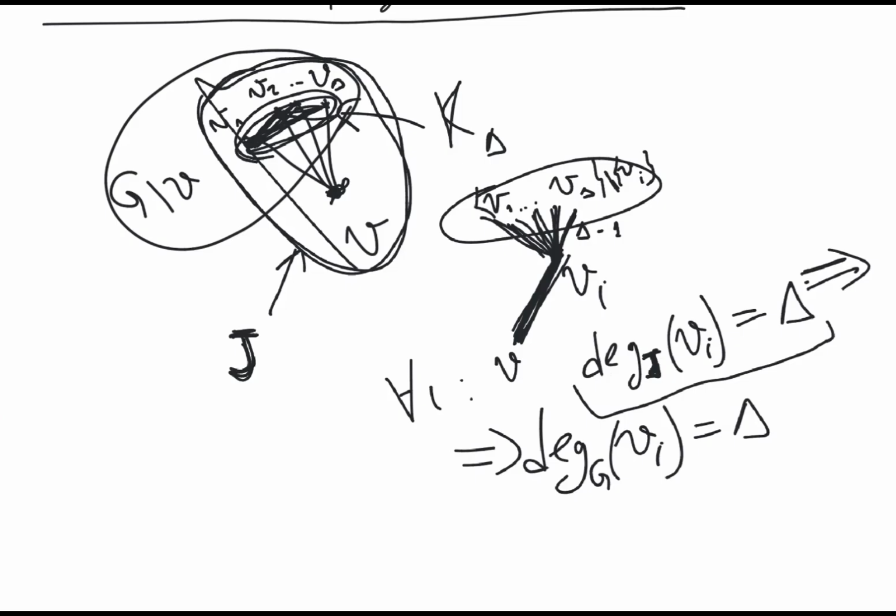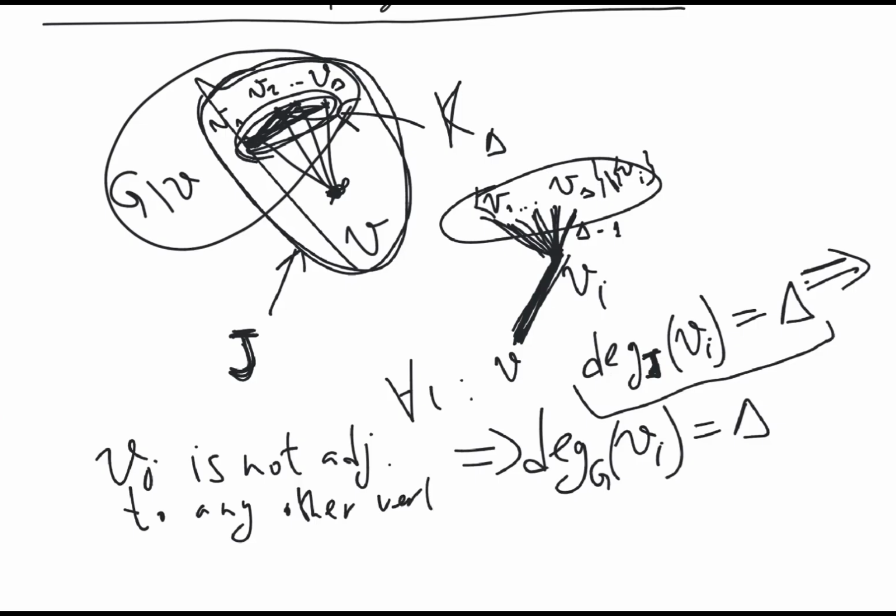So for any i, Vi is not adjacent to any other vertices in G, except in this subgraph.